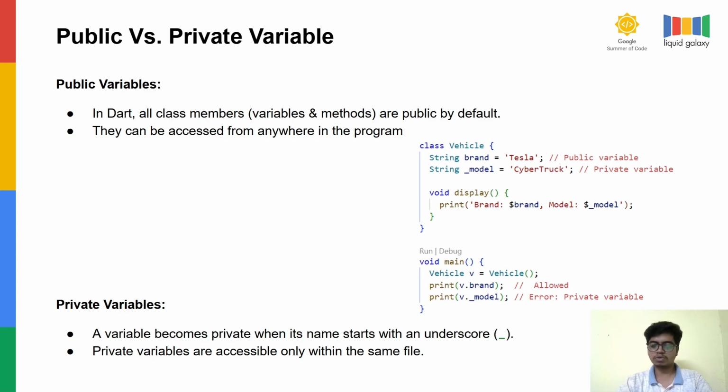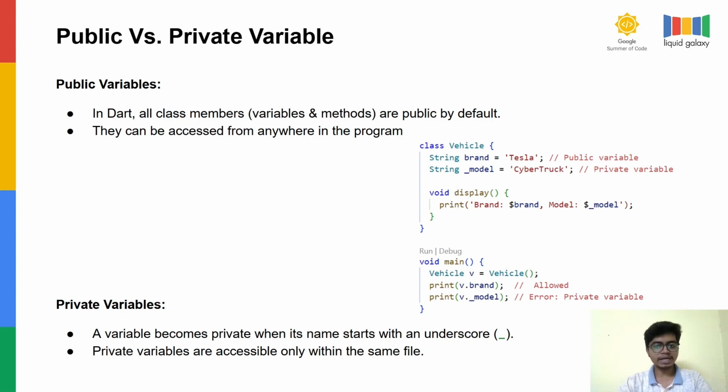Here I have shown a coding demonstration. I've created a class Vehicle, and there are two variables, brand and model. Brand is a public variable because there is no underscore at the start of the name, and model is a private member because there is an underscore at the start of the variable name. Brand is stored as Tesla, and model is stored as Cybertruck. There is a method called display, which displays the brand name and model name.